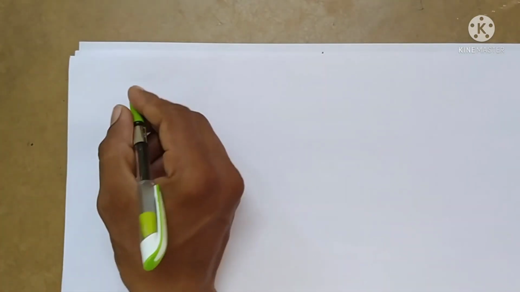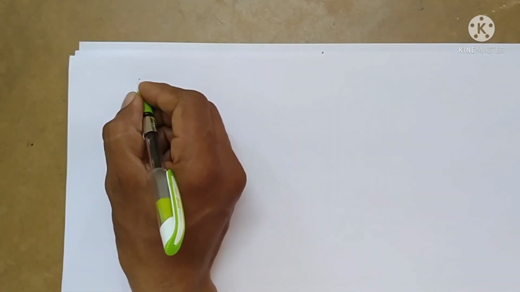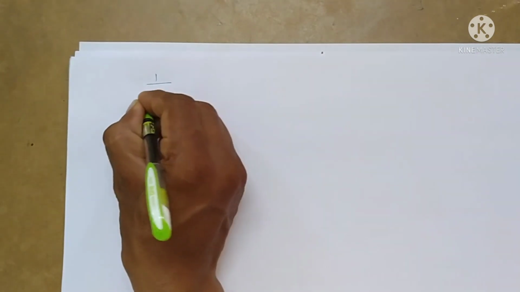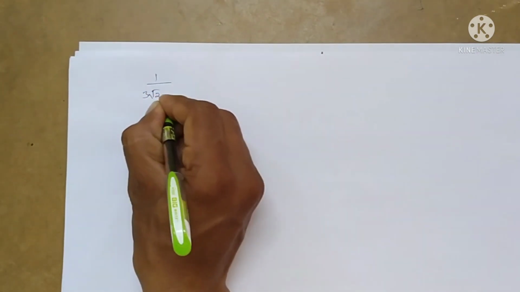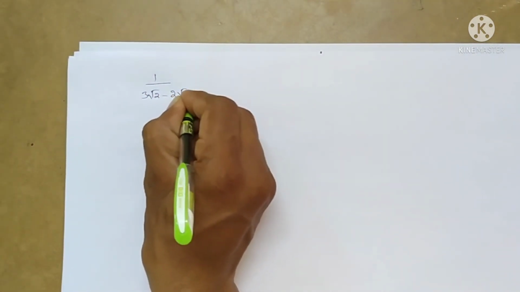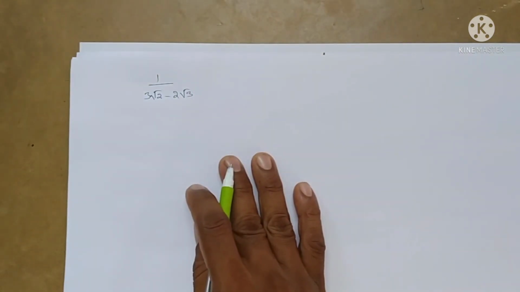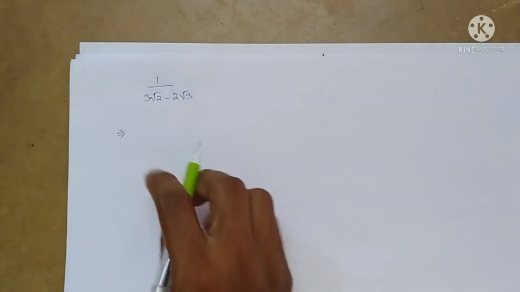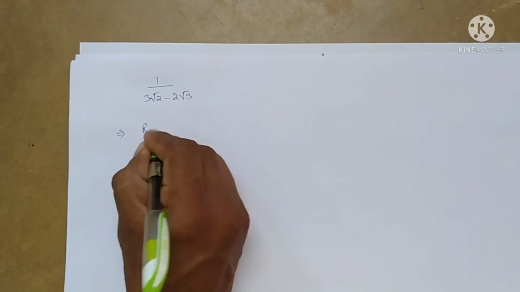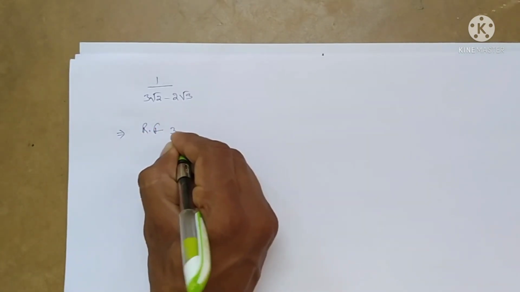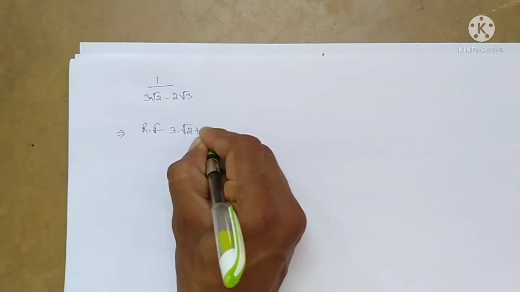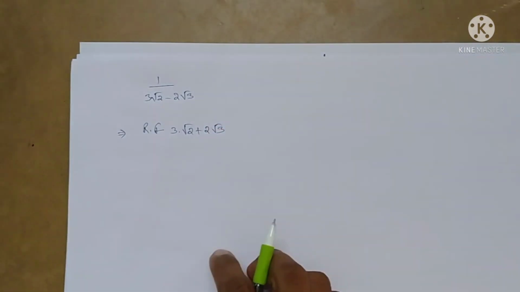So the rationalizing factor is 3 into root 2 plus 2 into root 3.